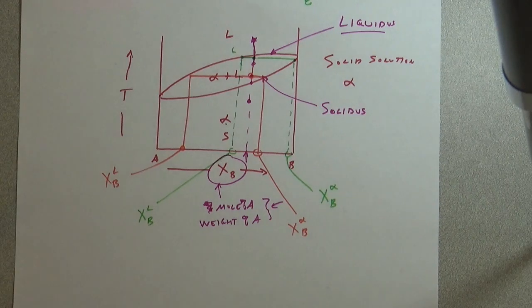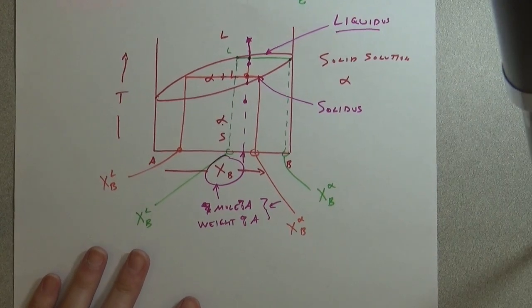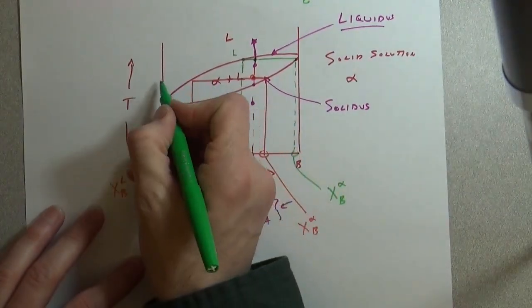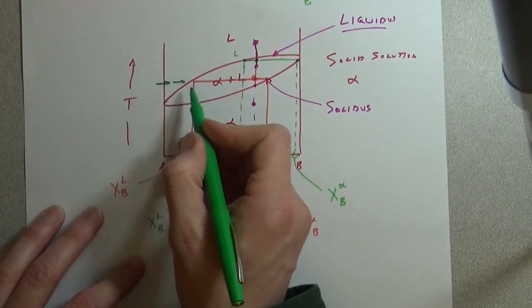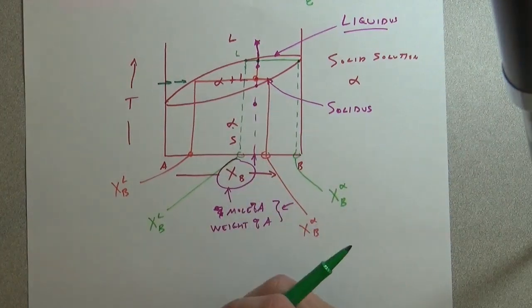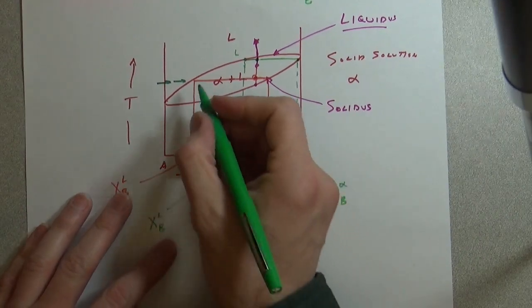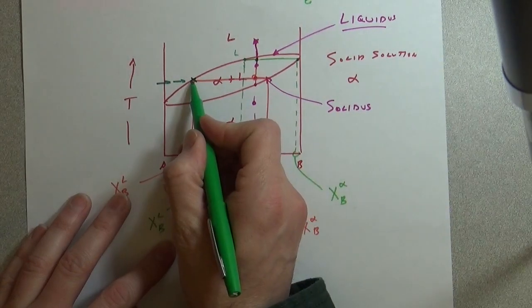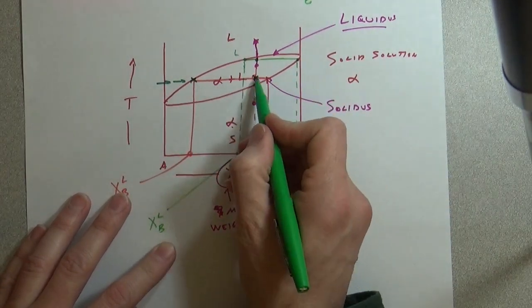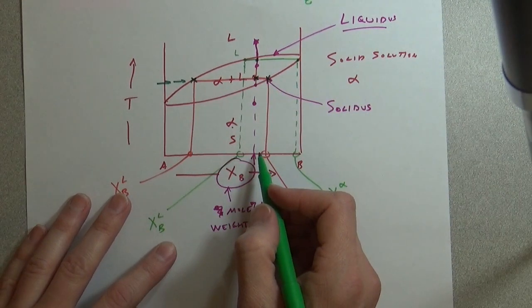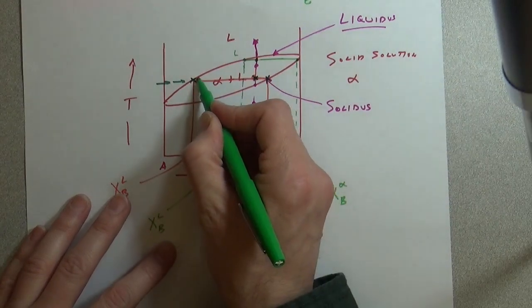Another thing we can do is we can also determine the amount of each phase. So let's pick a different color here, dark green. So let's say we're at this temperature here, and we want to know the amount of alpha phase and the amount of liquid phase. Okay, so we've got the place where it crosses the liquidus, we have the place where it crosses our composition, and then we have the place where it crosses the solidus.